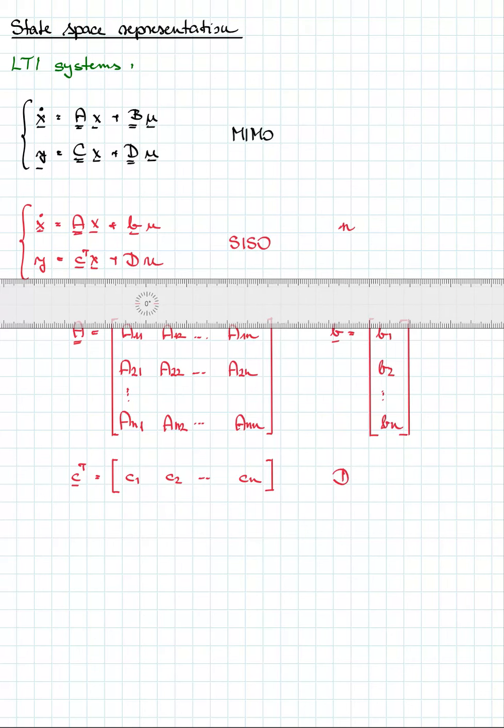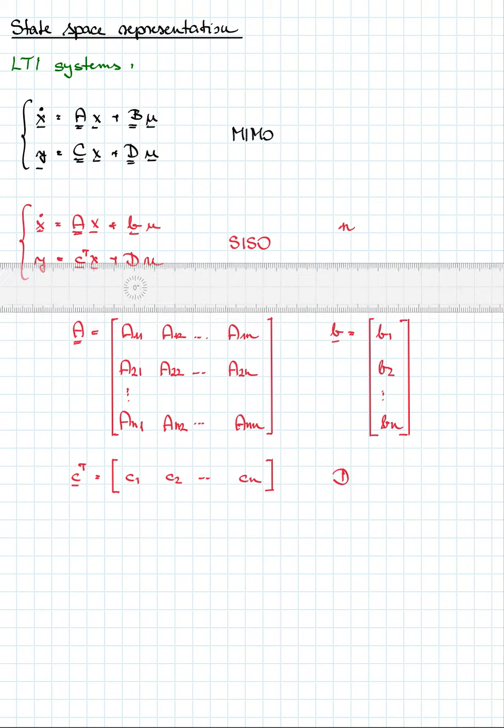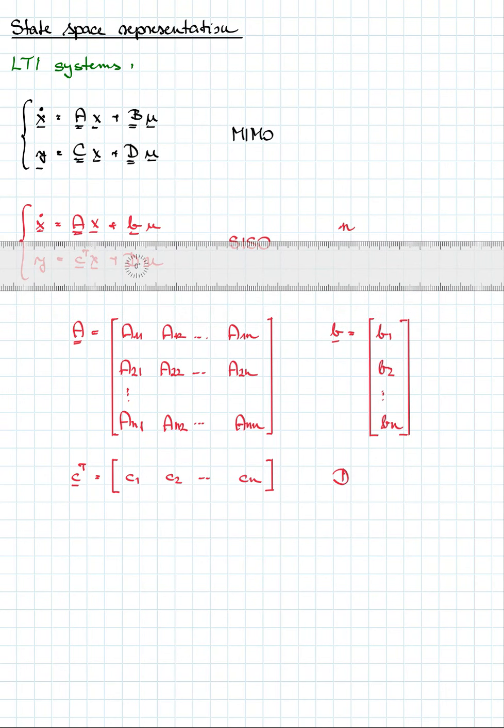So how to solve this system? As I mentioned before, we are going to use the Laplace transform to solve this by hand. But by software, usually we have to solve numerically the first equation, x dot. And from this x dot, using the initial condition, we will have the functions for x.